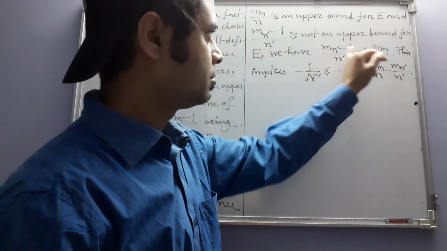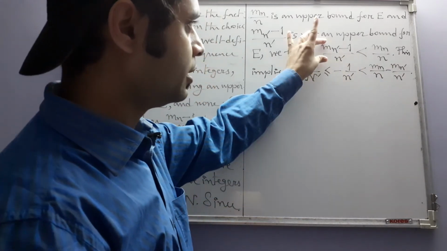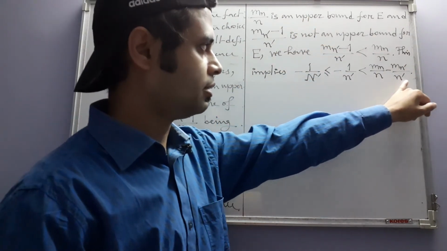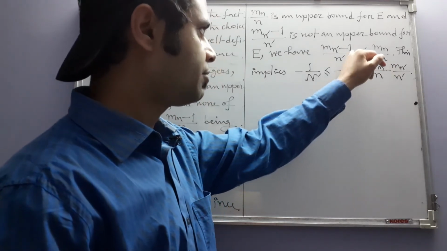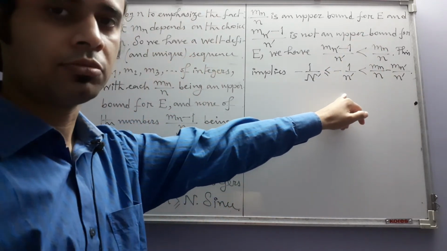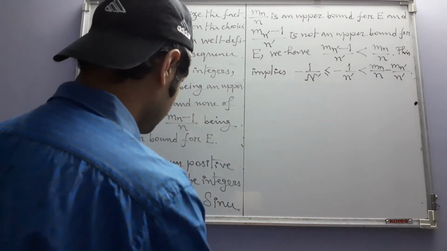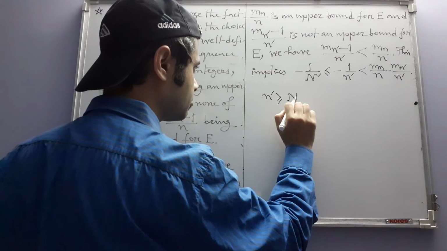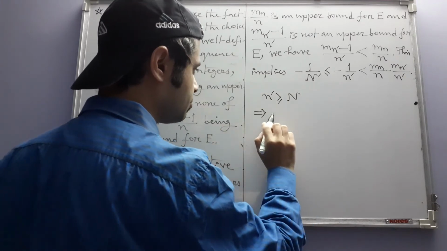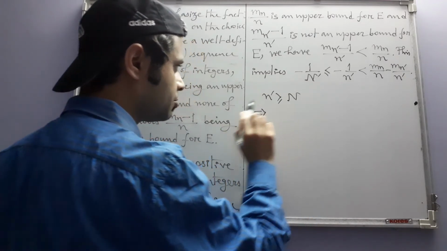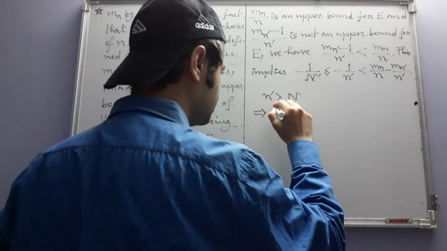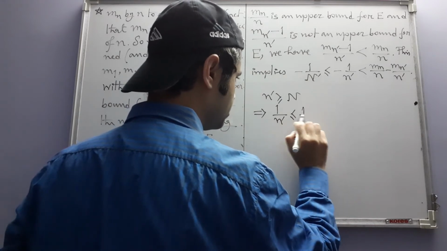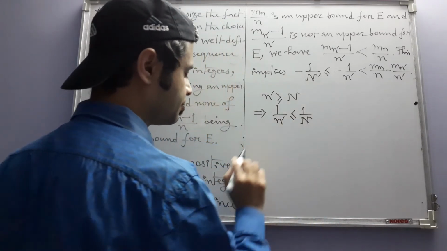We have loosely speaking taken m_n'/n' to that side. On the left hand side, we are left with −1/n', and from this inequality, first of all, since both n' and n are positive integers, taking reciprocals, we get this.